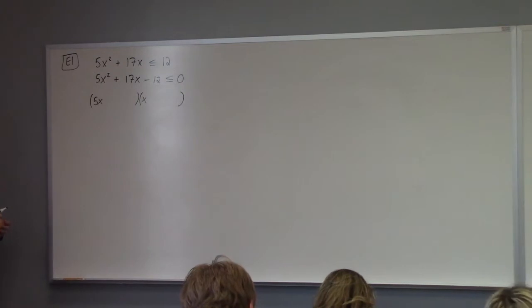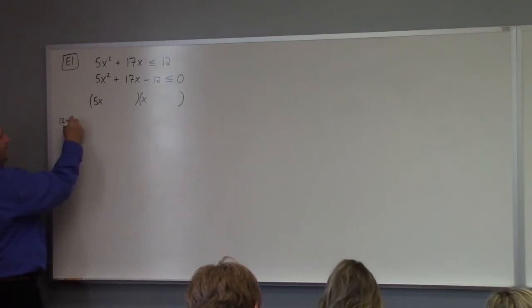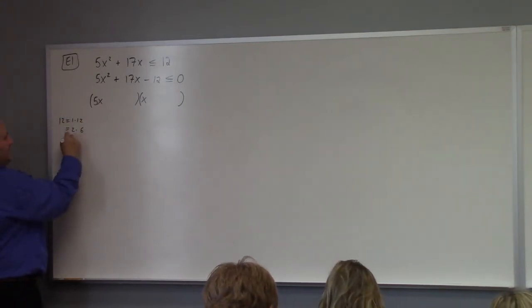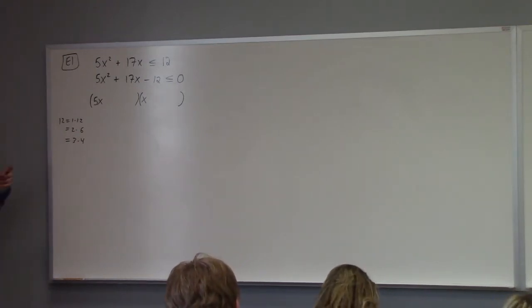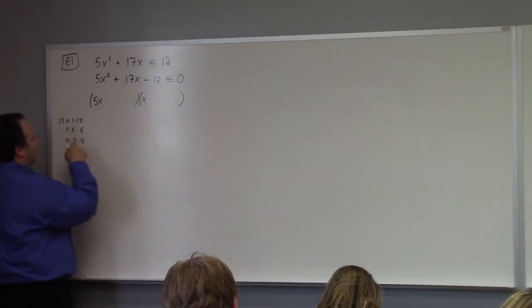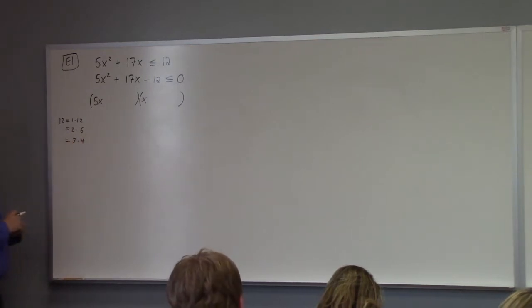And then we're looking for something that multiplies to 12. How do you multiply to 12? 1 times 12, 2 times 6, 3 times 4, right? These are the kind of numbers you're going to be putting here and here, either 1 and 12, 2 and 6, or 3 and 4, or the opposite around.